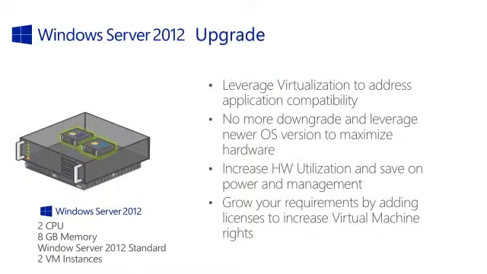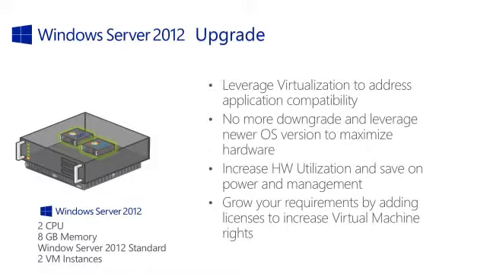There is no more need to downgrade the operating system, and therefore you're leveraging a new operating system and maximizing hardware and actually increasing hardware utilization and saving on power and costs. Now, the important thing with Windows Server 2012 is that we can grow your virtualization requirements by simply adding licenses to increase your virtual machine rights.